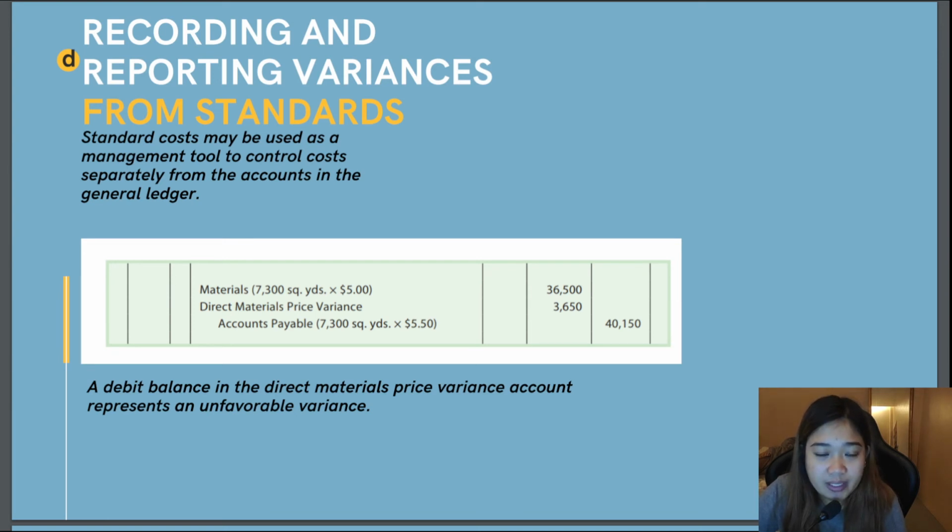It is recorded by debiting direct materials price variance. If the variance had been favorable, direct materials price would have been credited for the variance. A debit balance in the direct materials price variance account represents an unfavorable variance, and a credit balance in the direct materials price variance account represents a favorable variance.